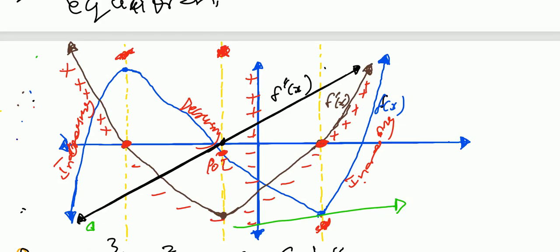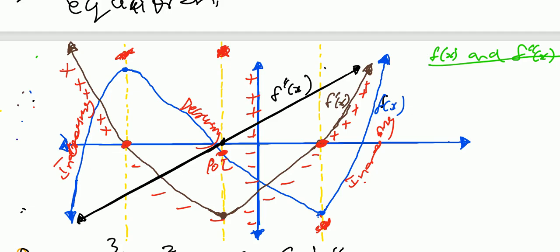Now let's talk about, we don't have the whole day. Now let's talk about the relationship between f of x and f prime prime x, which is the straight line. So here there's nothing major. Just look at the point of inflection.